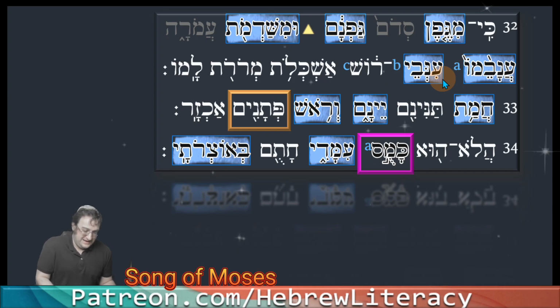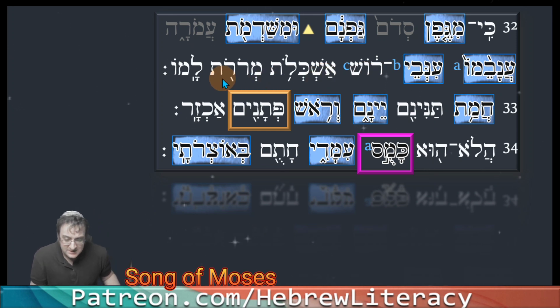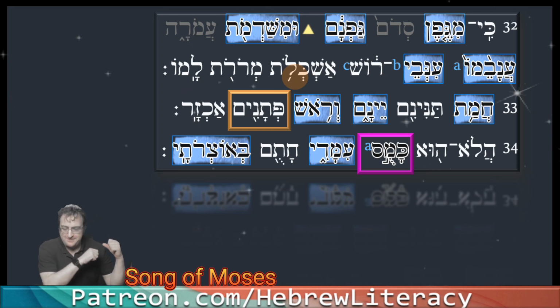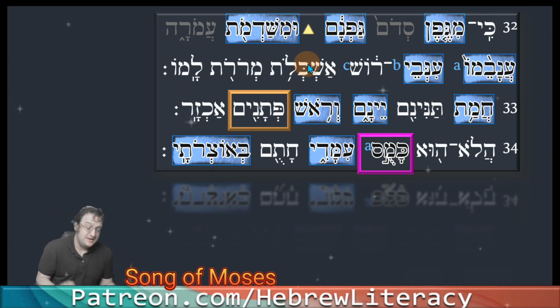They are ein rosh, grapes of rosh. Now don't get confused, this doesn't mean head. This is a homograph, which means poison. They are poisonous grapes. Ashkelot merorot lamo. Ashkelot, and eshkol is a cluster, right? The spies brought back clusters of grapes from the land.